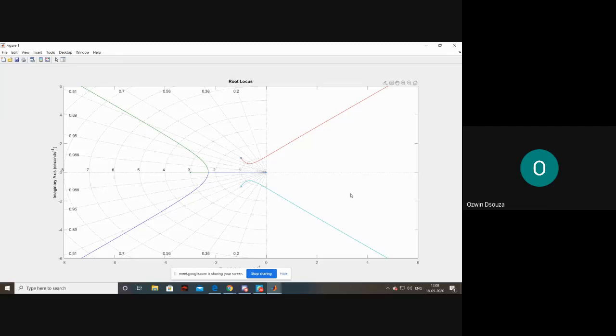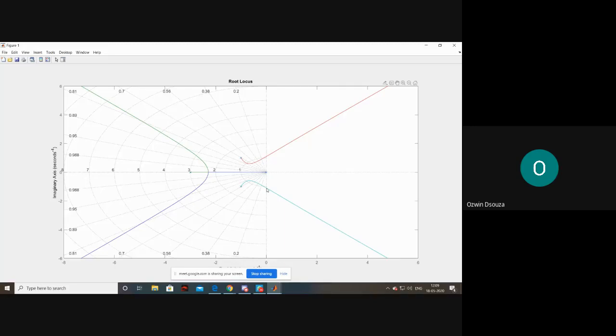And when it comes to stability, how do you conclude? If the value of k is less than k marginal but greater than 0, all the four roots are found in the LHS of the s-plane. When k is set exactly at the k marginal value, two roots are found on the imaginary axis.